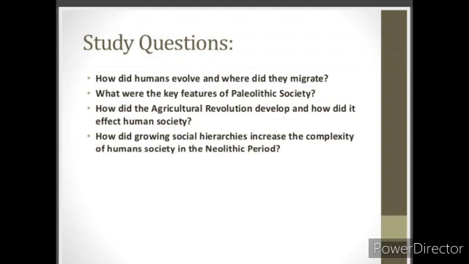Another question: what were the key features of Paleolithic society? The third question: how did the agricultural revolution develop and how did it affect human society? Another question: how did growing social hierarchies increase the complexity of human society in the Neolithic period?